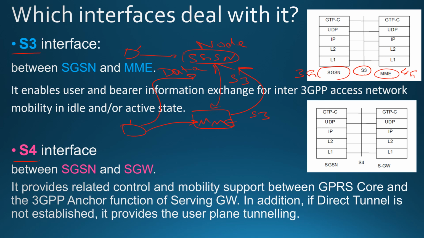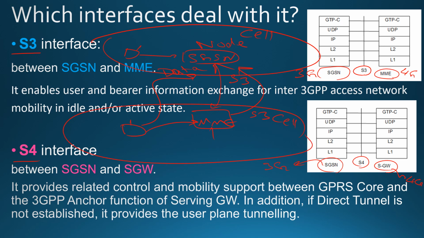And what is S4? S4 can be used between the SGSN and the SGW. The SGSN is used in 3G, but the SGW is in 4G. What does it mean? It means that we are in this cell and we want to go to this cell.